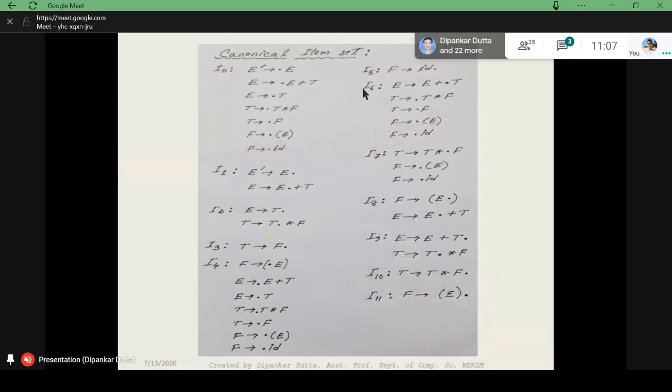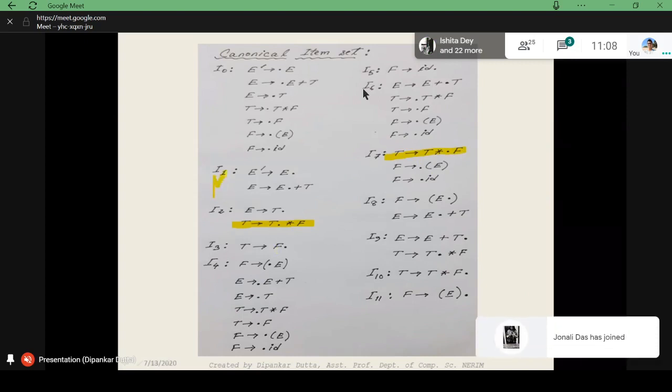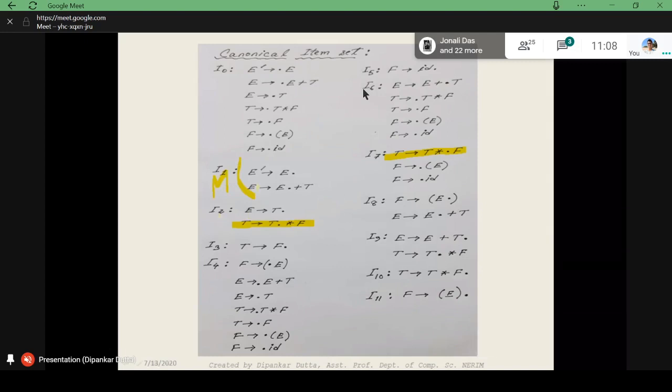Suppose in I2 we have T implies T dot star F, but in I7 we have T implies T star dot F. That means what is the action then? Action M, input state is 2.